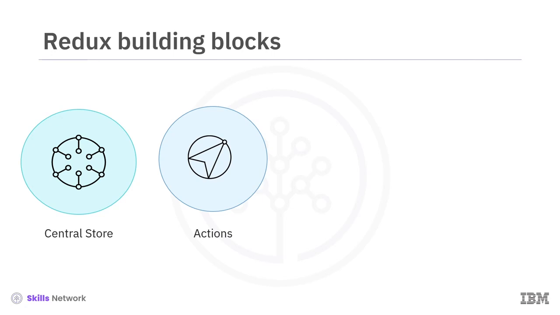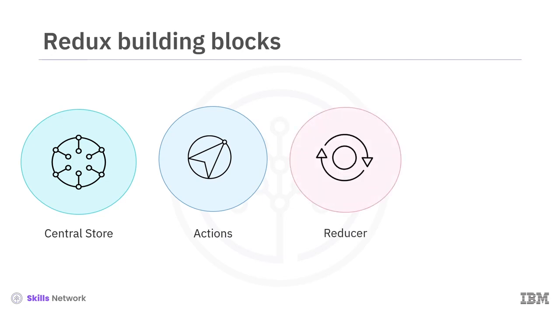Actions are simple objects which conventionally have two properties, type and payload. The type property is usually a string that identifies the action, and the payload is an optional property that contains some data that is required to perform a task. So the main function of action is to send data from the application to the Redux store.